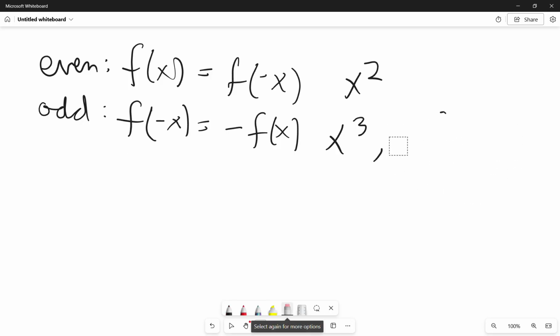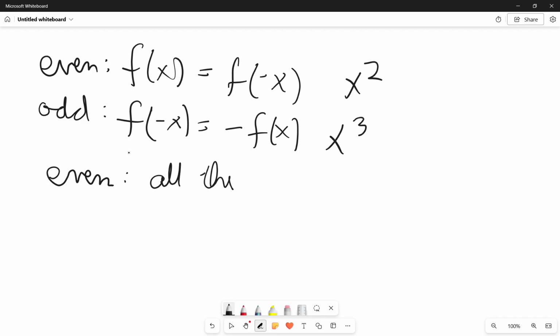Okay. So after this, let's give you some extra tips for this. So a really good hack is for even functions. You can try to do this, but sometimes it doesn't work. But all the exponents are even.